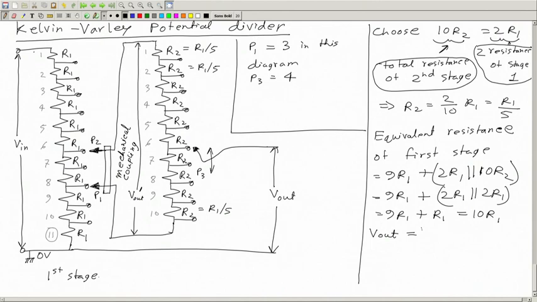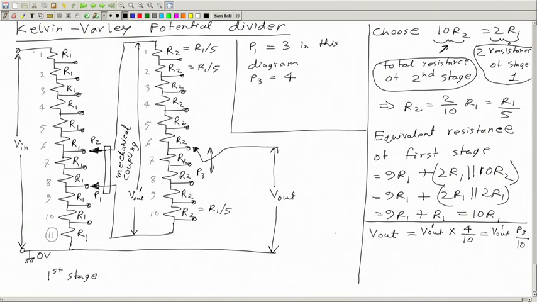So V out prime multiplied by, in this case, 4 by 10. Or in general, this is V out prime multiplied by P3 by 10. This is V out prime.